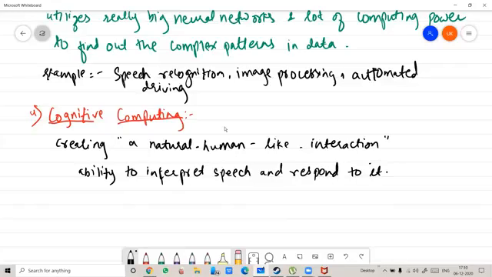It acts as a substitution of how the brain works.